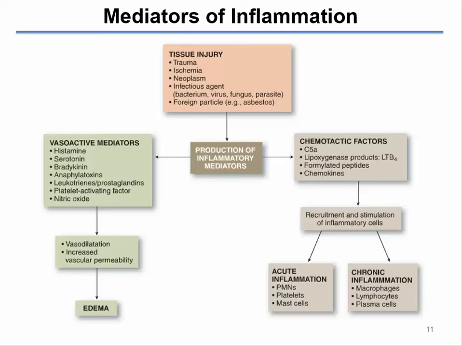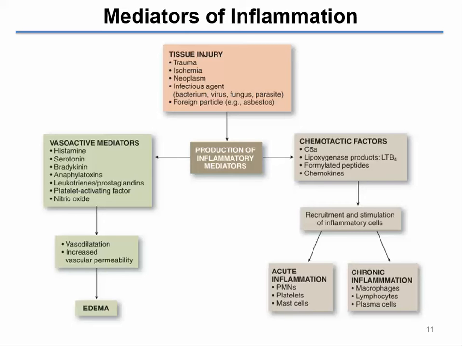But in any case, whatever the tissue injury is, the injured tissue starts to release inflammatory mediators. Now, healthy tissue that's functioning normally releases anti-inflammatory chemicals all the time that stop inflammation from happening.